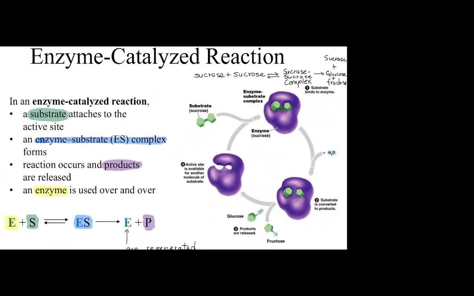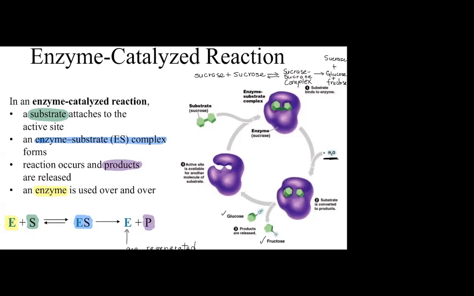Then, specifically for how sucrase acts on the molecule of sucrose, understand that water comes in as an additional molecule, then the enzyme is able to convert that substrate into the two products, which are glucose and fructose. And then you regenerate that enzyme so it can go back and act on a brand new substrate.